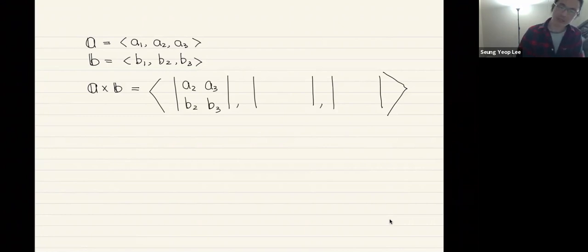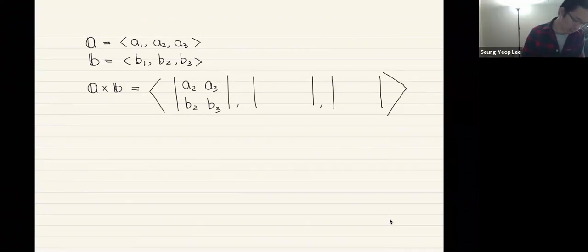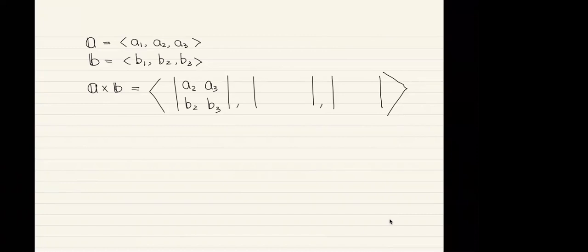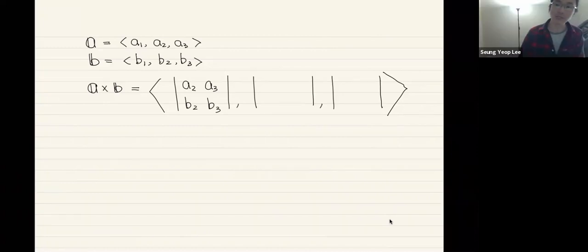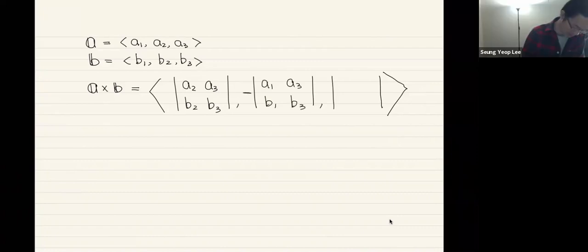I will explain the meaning of that. The middle is the second entry, therefore I use only the first and the third, skipping the second: A1, A3, B1, B3. And here I use a minus 1. The last entry is the third entry, so I skip the 3 and use the first 2: A1, A2, B1, B2.